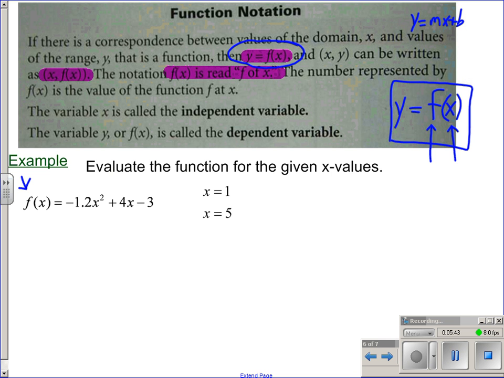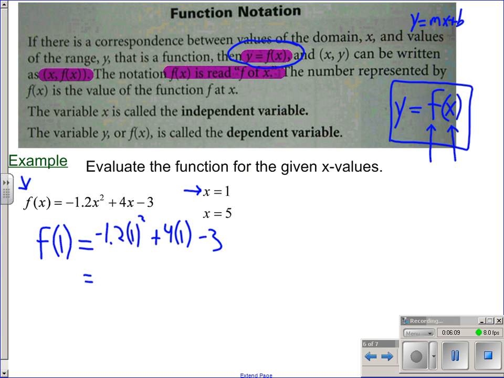So how it works, if we want to evaluate a function at a certain x value, you just write it. This is function f. We're looking at what does this function equal at an x value of 1. And so wherever you see an x value, you plug in 1. And then you just use your order of operations.